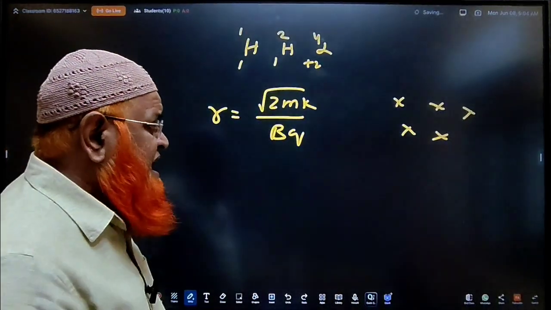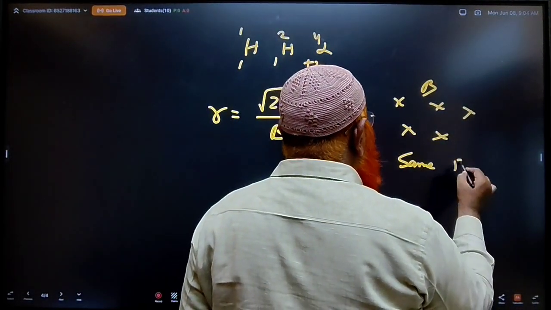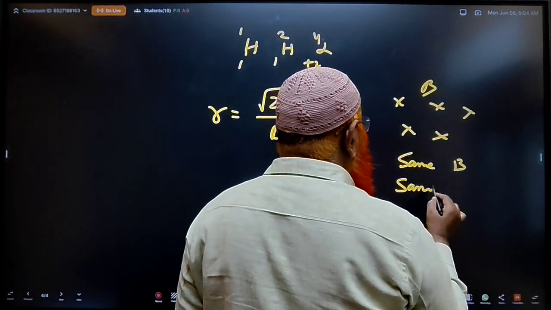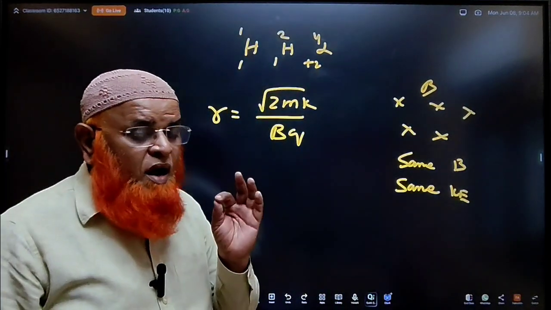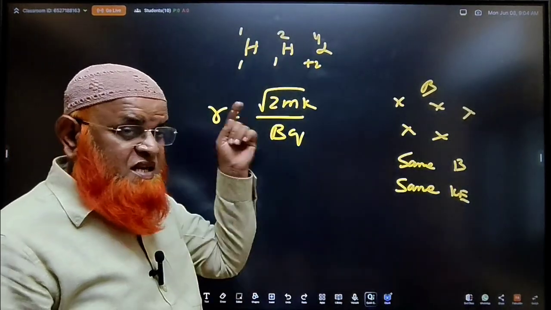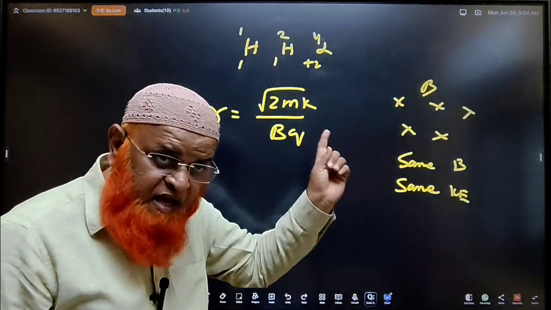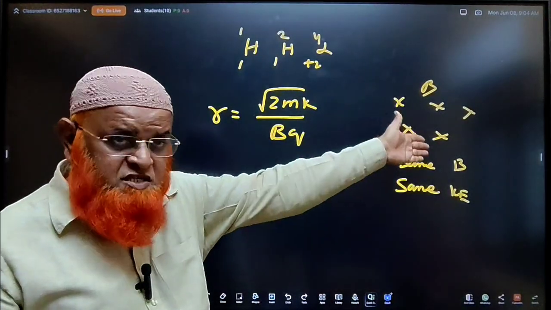These three particles enter the same field, same B, and same kinetic energy. If they enter with the same kinetic energy, you have to select the formula in which kinetic energy is present. If you say same velocity, you consider mv by bq.